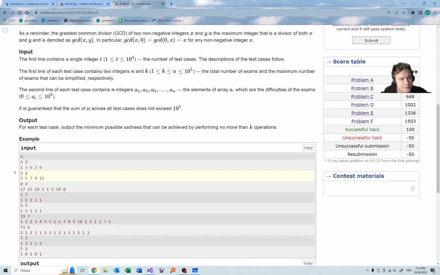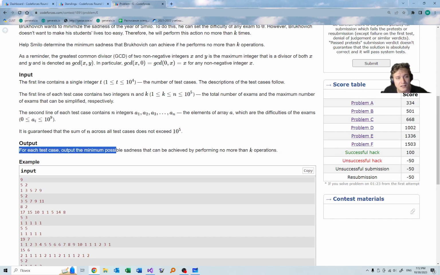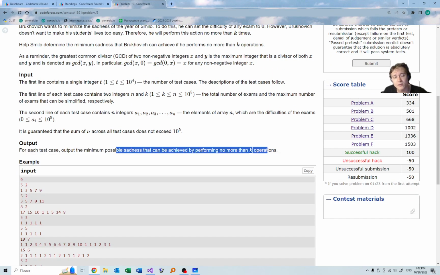So what do we need to print? The minimum possible sadness that can be achieved by performing no more than K operations.